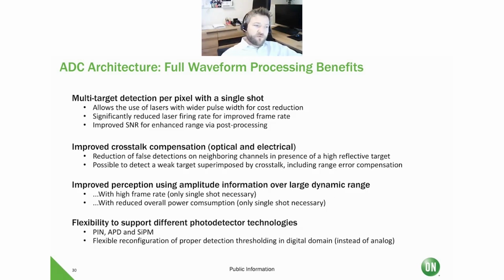With full waveform processing, we are able to detect imperfections coming, for example, from fog, environment conditions, or also, very prominently, from crosstalk, optical or electrical. And with proper characterization, we are able to compensate for the crosstalk on the full waveform in a system context, which gives us the possibility to detect weak targets superimposed by crosstalk, and also to correct the distance error. This is also something we can improve for the following perception.